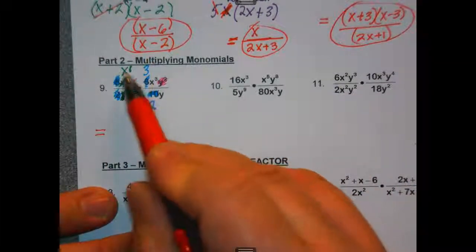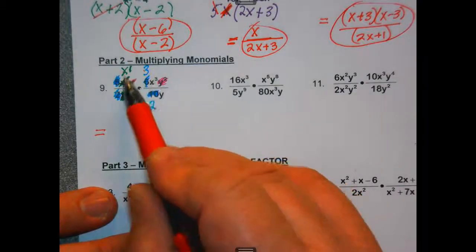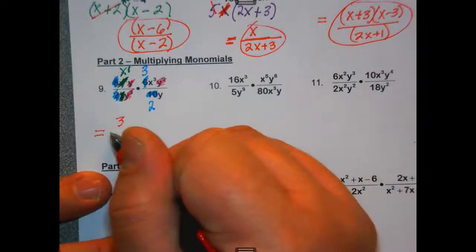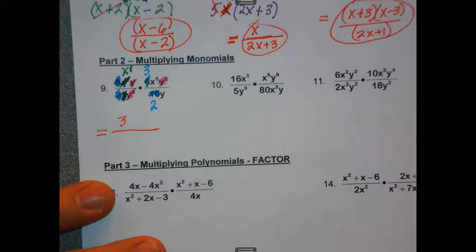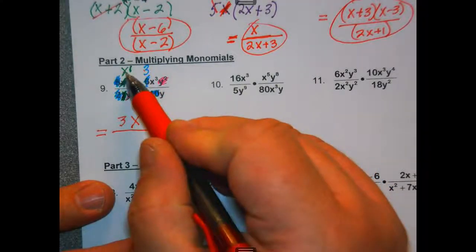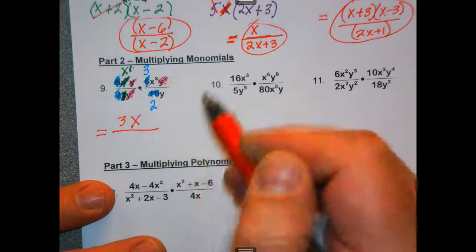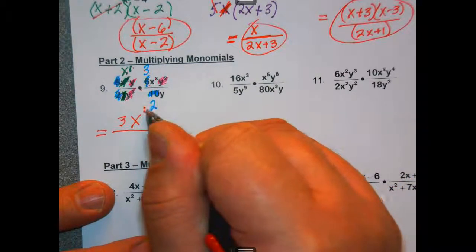So I have x to the first times x cubed, x to the fourth.